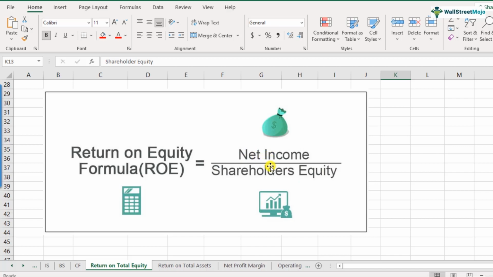Let's now do a quick calculation and look at how return on total equity is calculated for a hypothetical example.